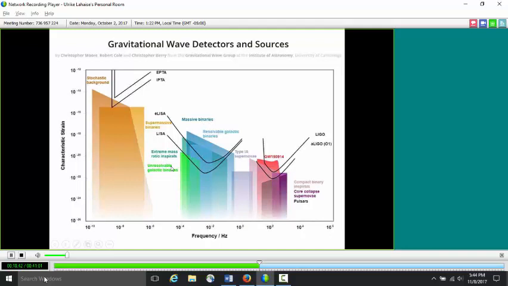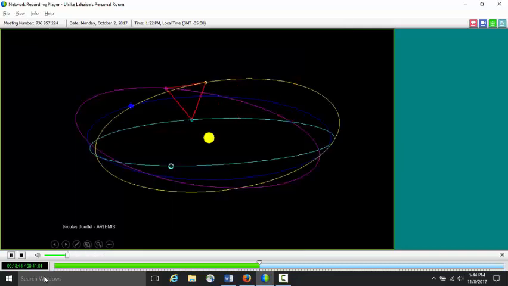And it's kind of interesting where this thing will be. This is the sun, the blue thing is the Earth, and the other three things are the satellites that'll make up this equilateral triangle configuration. It's exaggerated in size here. It'll only be 1 million kilometers on a side, but here it's probably showing 50 million. But anyway, hopefully this will get built someday, but not for a long time.